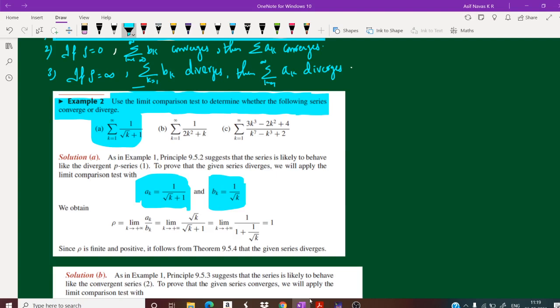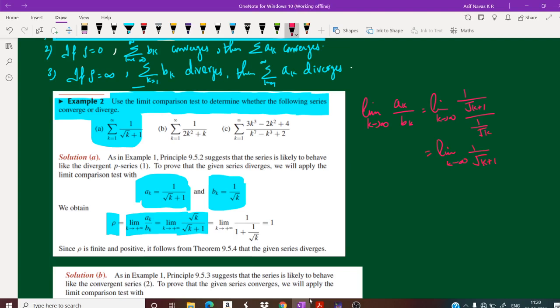Now I'm taking rho. Rho is equal to the limit as k tends to infinity of ak by bk, which is equal to the limit of 1 by root k plus 1, divided by 1 by root k, which is equal to the limit of 1 by root k plus 1 into root k by 1.